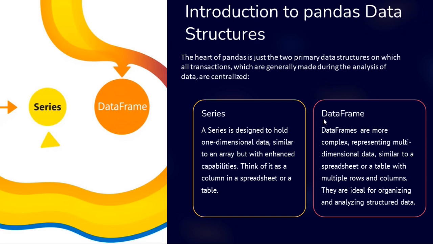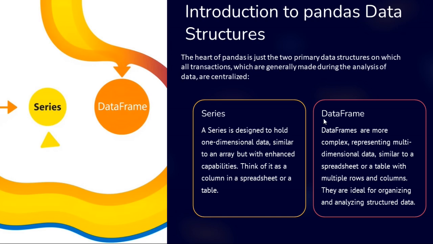Let's first understand what the two primary data structures in Pandas are. Pandas has two primary data structures called series and data frame. Series is used to hold one-dimensional data. It is very similar to an array, but it has more enhanced capabilities.